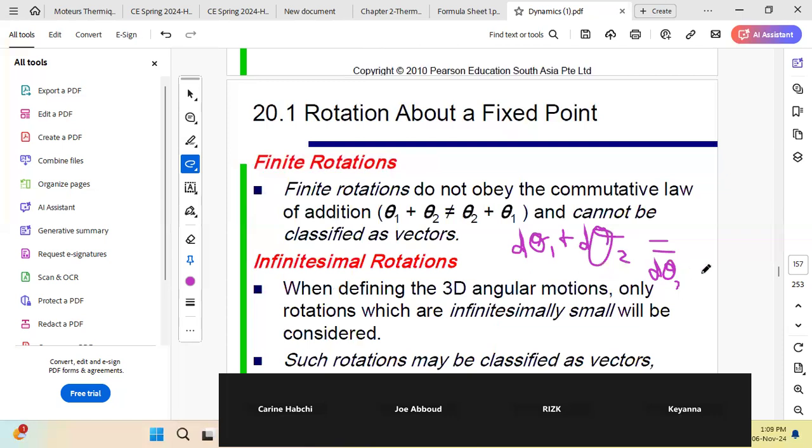That's why from this analysis, I can deduce that whenever I deal with rotation in an infinitesimal way, this infinitesimal rotation can be treated as a vector, because for vectors, a plus b is equivalent to b plus a. While for finite rotation, I cannot classify them as vectors. That's why we'll do the derivatives in infinitesimal rotations.